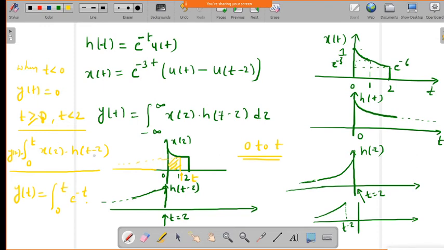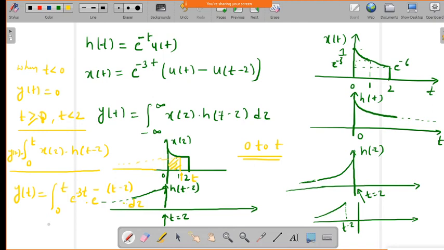Sorry, this is x of t, no. So, you have to take e power minus 3 times t minus tau, into d tau.